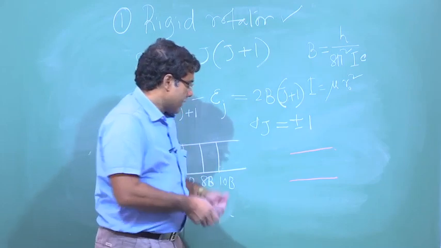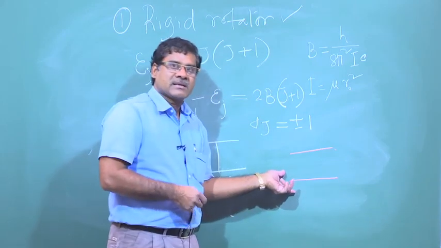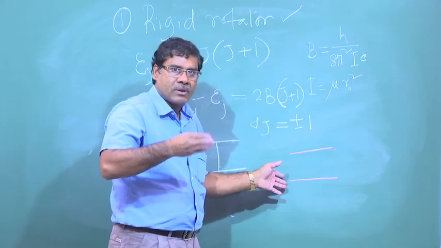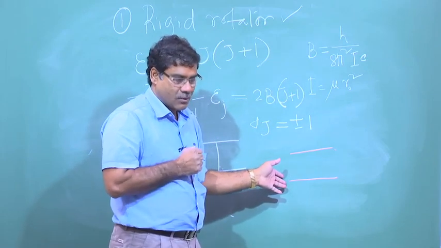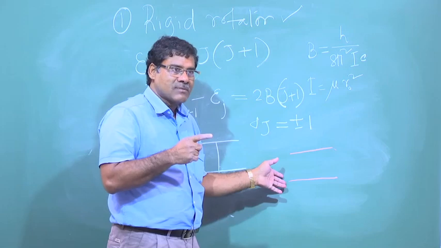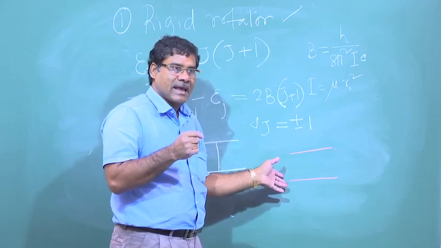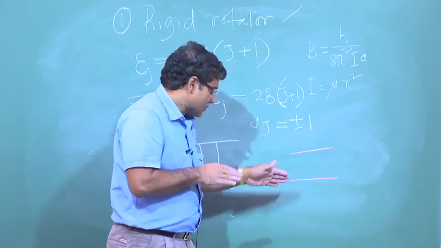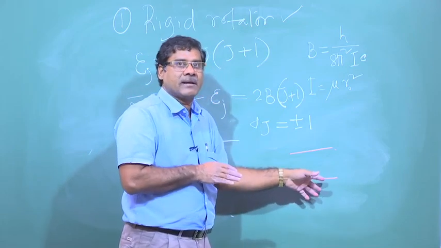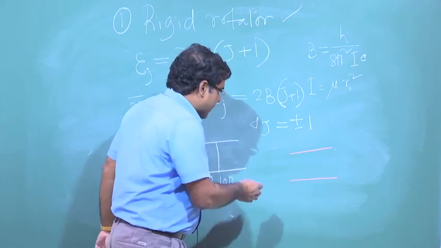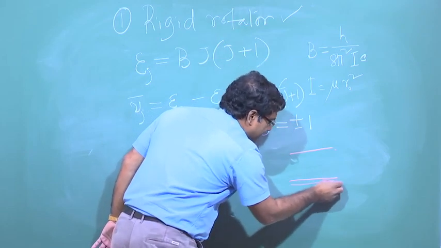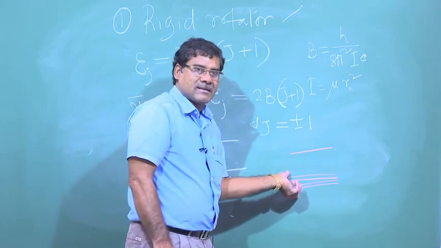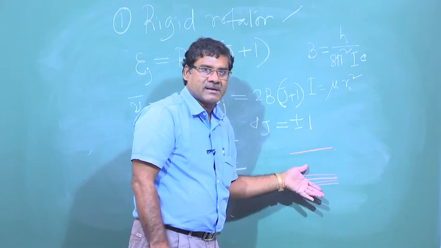Now there is a difference between an energy level and the states: in one energy level there may be more than one state. When we speak in terms of state, it can be one of the degenerate states having the same energy. So having the same energy, it may have more than one state. Although the energies are the same, it has a number of states, more than one.